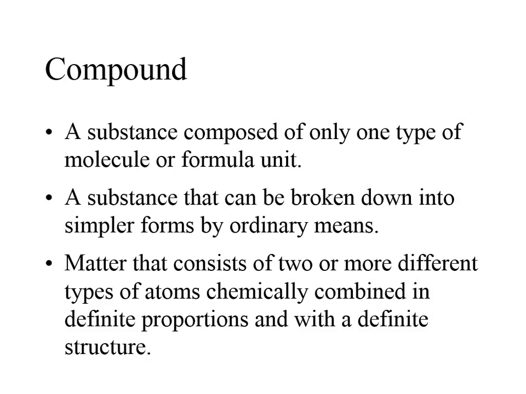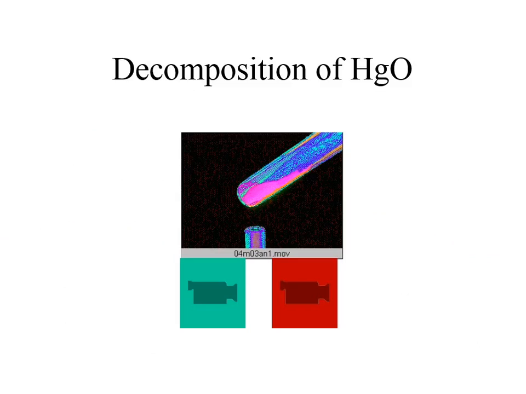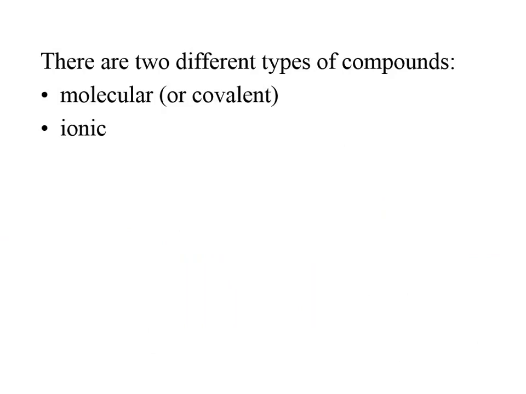Okay, so compounds, we'd use formulas to represent them. We're going to dive more into the different types of compounds. 2 main types of compounds. I can take compounds and break them out into molecular and ionic compounds. We use formulas for both, and there are some things in common.